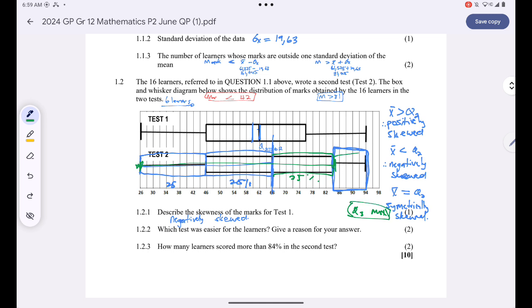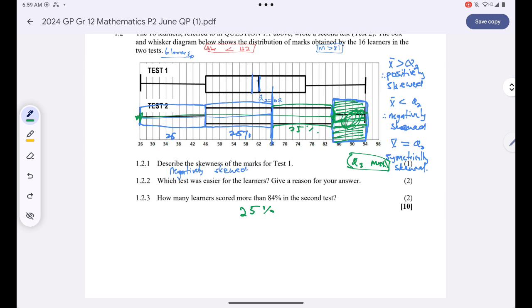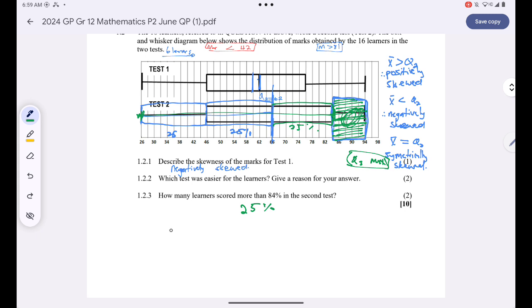So the last 25% over here represents learners who got above the upper quartile and up to the maximum value. How many learners? Remember I said 25%, so if I have n, the number of learners, divided by 16 multiplied by 100, this gives me 25.